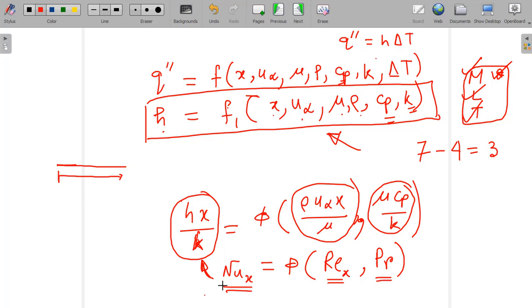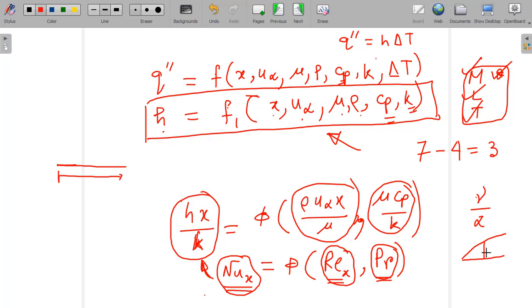And what is the physical significance of the Nusselt number? Let us see, because we have already seen the physical significance of the Reynolds number and of the Prandtl number. The Prandtl number gives an idea about the kinematic viscosity or momentum diffusivity relative to the thermal diffusivity, which basically indicates the ratio of the hydrodynamic boundary layer thickness to the thermal boundary layer thickness.